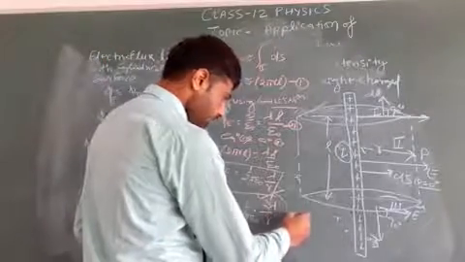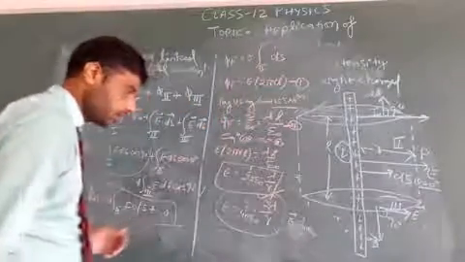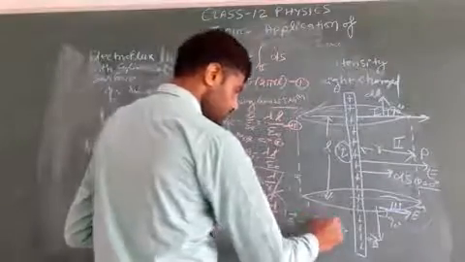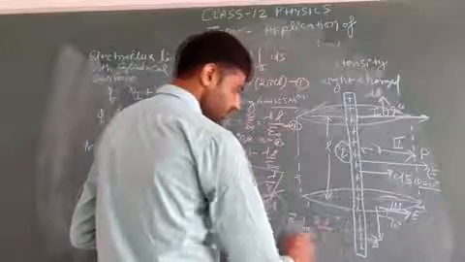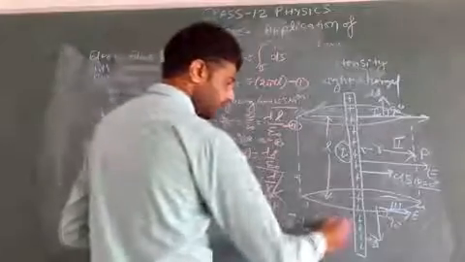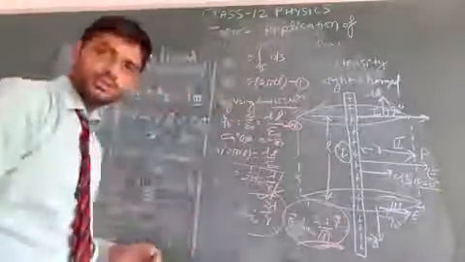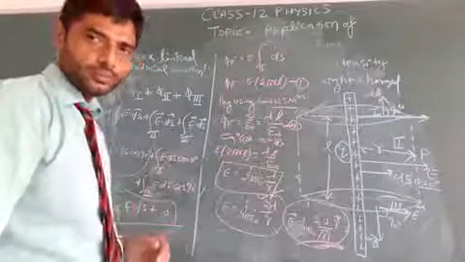E equal to 1 upon 4 pi epsilon naught 2 lambda upon r, r is the distance, and r cap. This is the vector form.